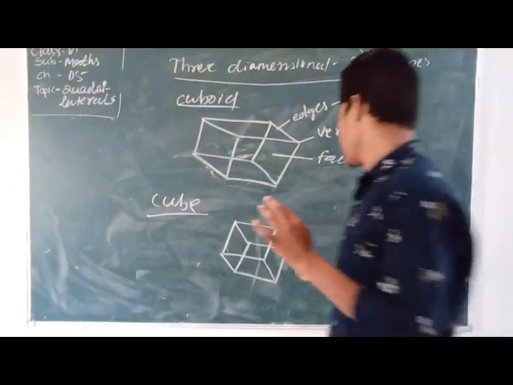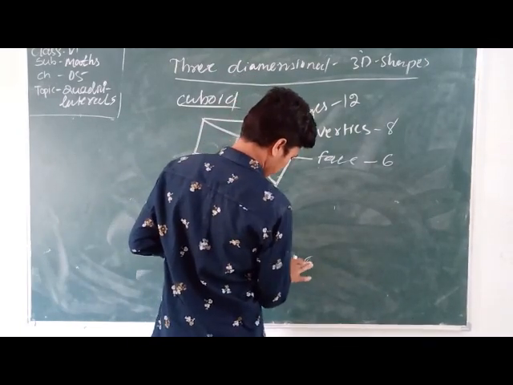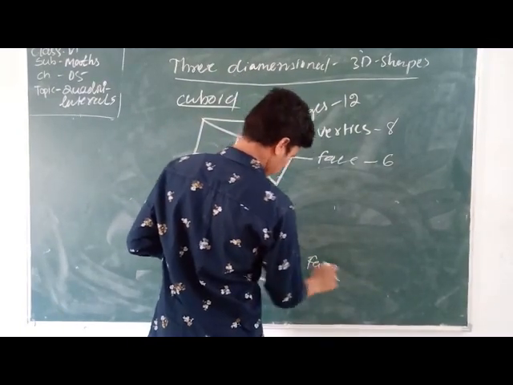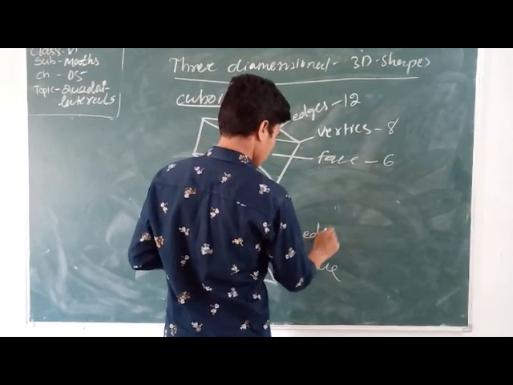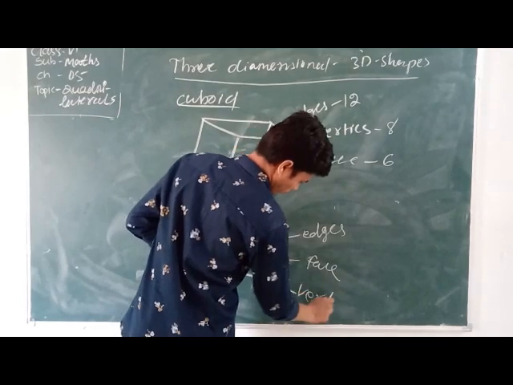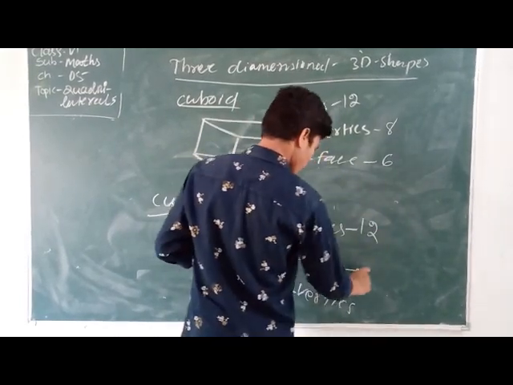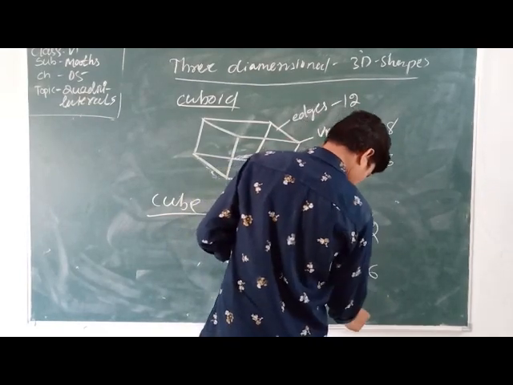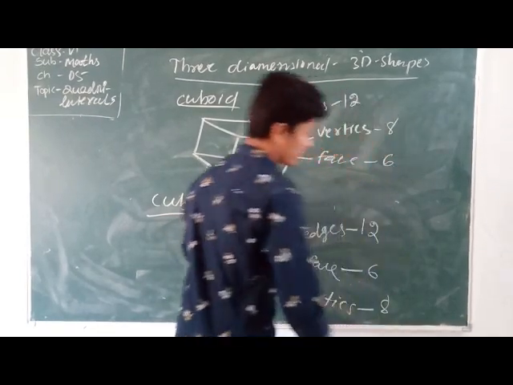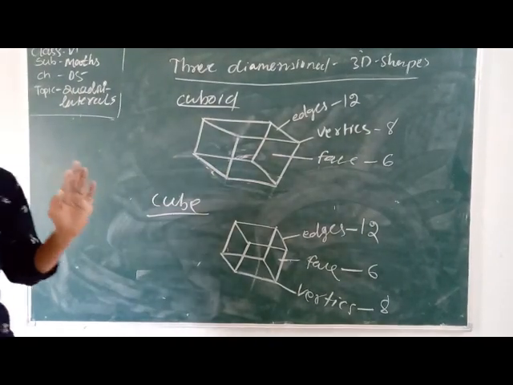How many faces are there? 6 faces. Edges 12, faces 6, vertices 8. And these are 3-dimensional shapes.